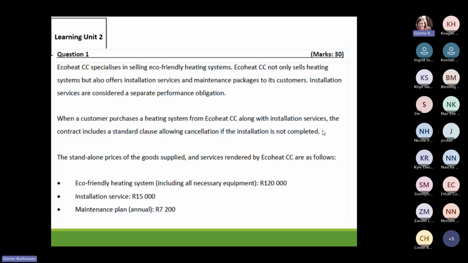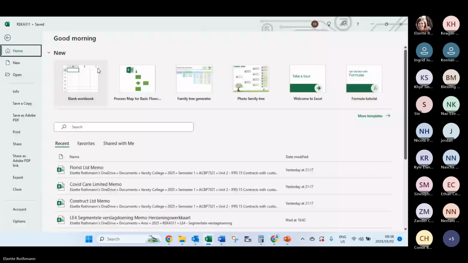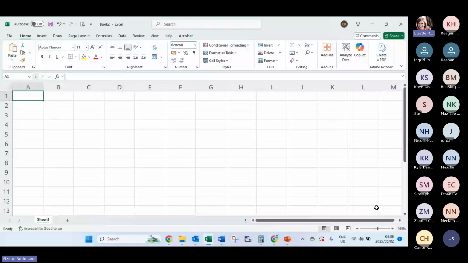I'm quickly going to jump to Excel, just to explain this to you a little bit more. In first year and second year, when we received money, either for a service rendered or for a sale, we would debit bank, let's say it was 50,000 Rand, and credit sales, which in second year we said revenue is the better word to use, 50,000.